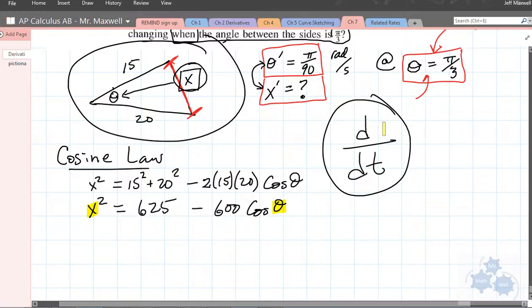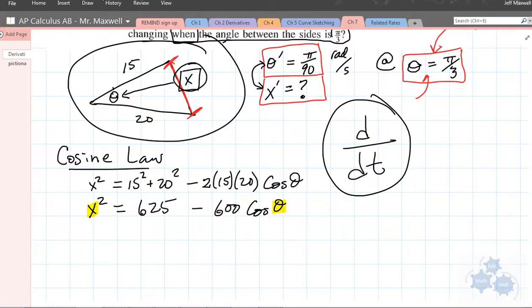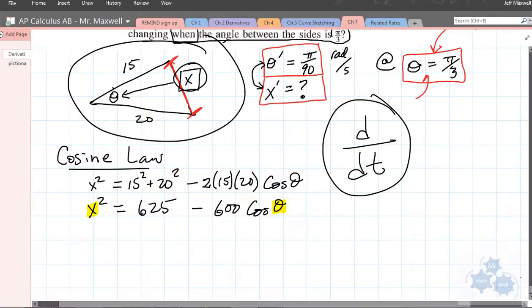We're differentiating both x with respect to time and theta with respect to time. So that's another common thing with related rates: we differentiate everything with respect to time. Because there's no preferred variable, we're going to have a theta prime and an x prime in our differentiated equation, because t is our preferred variable, which doesn't show up anyway.